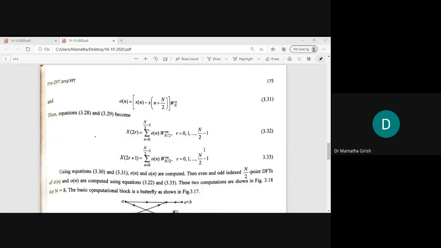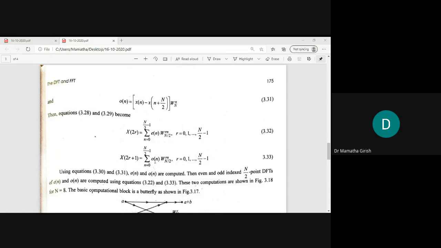Similarly, the equation for the odd index frequency samples where the value of k is 2 times r plus 1 is replaced by the above equation where the term within the bracket is replaced by the odd indexed sample in time domain, that is O of n.